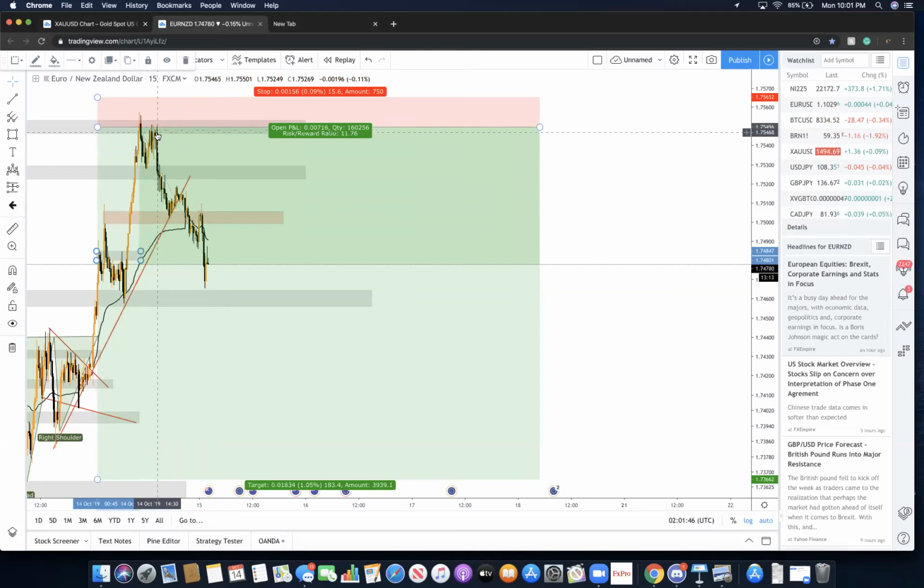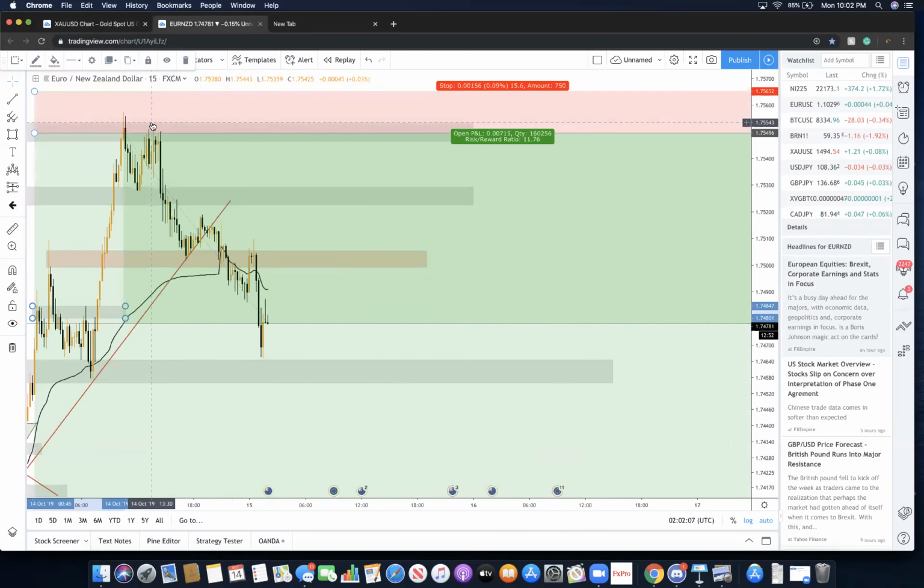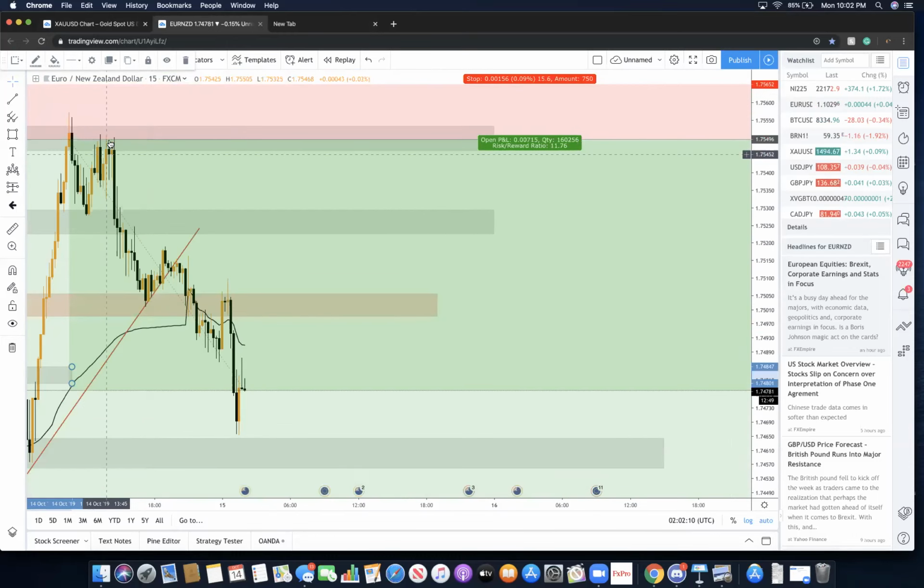They do say that taking a trade up here at a distribution area is a bit more aggressive than waiting for the breakout to occur and then taking the trade on the retest. But in the end, if I have confirmation up here that the market's not going to go any higher, for instance, we had a hangman pattern, 2 hangman patterns, and then the market came and engulfed that candle.